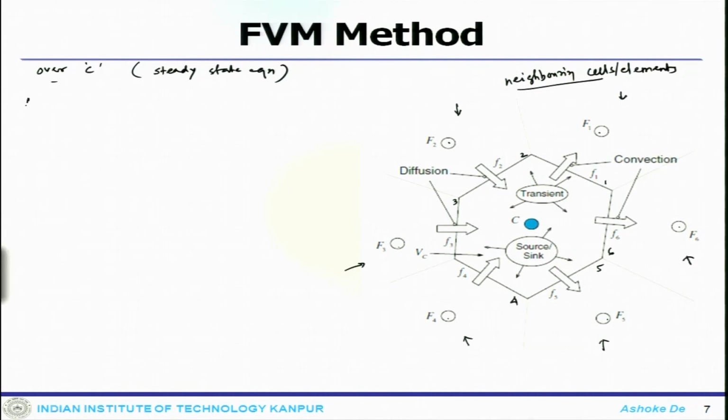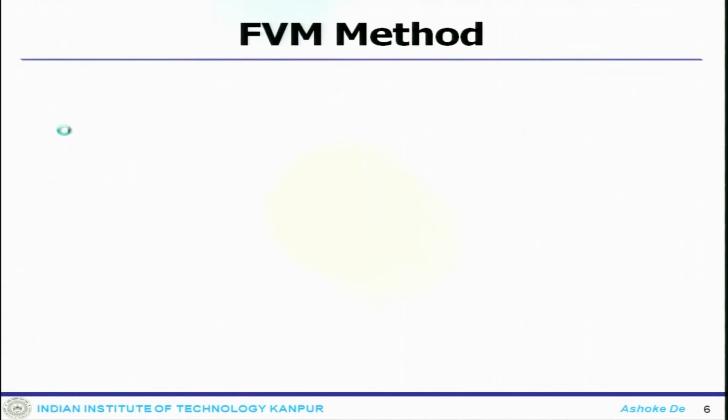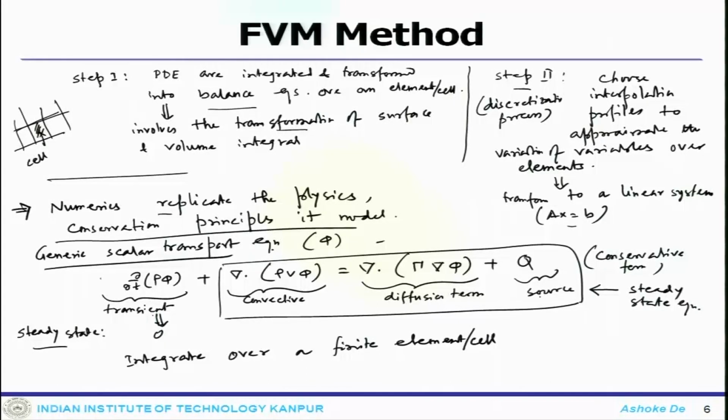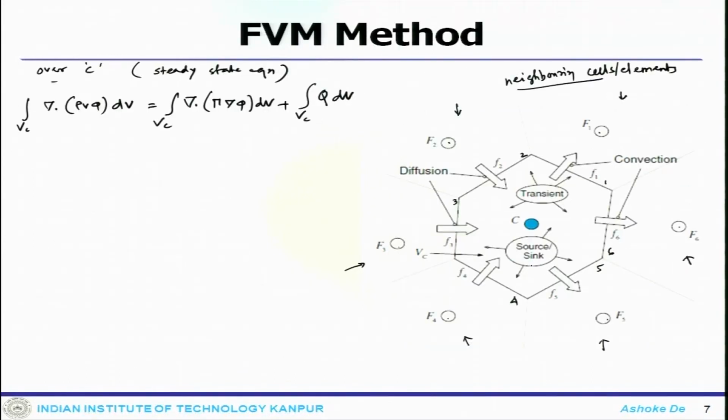You get the volume integral over V_C of del dot rho V phi dV, equals the volume integral of del dot gamma del phi dV plus the volume integral over V_C of q dV. So, if you look at the steady state equation, you have the convective term, diffusion term, and source term. So, you integrate this equation over the cell C.